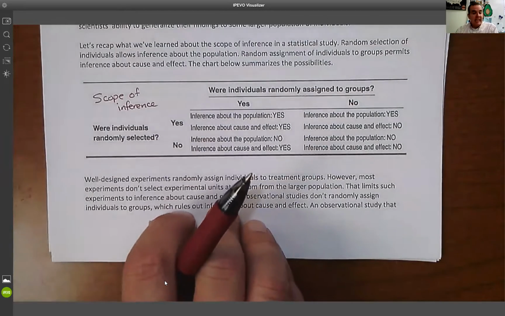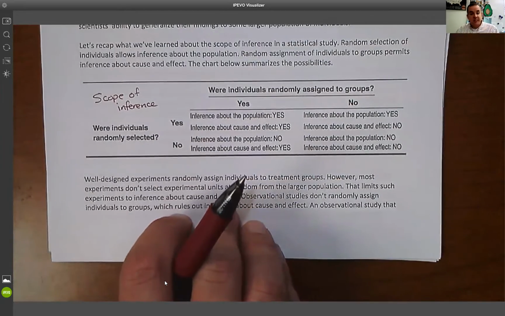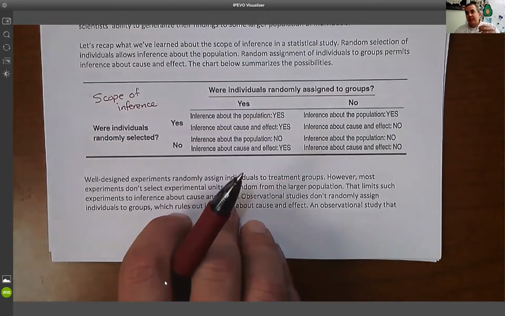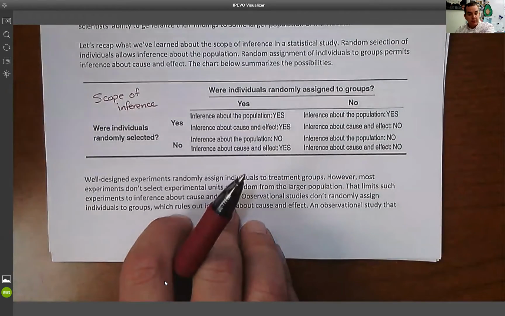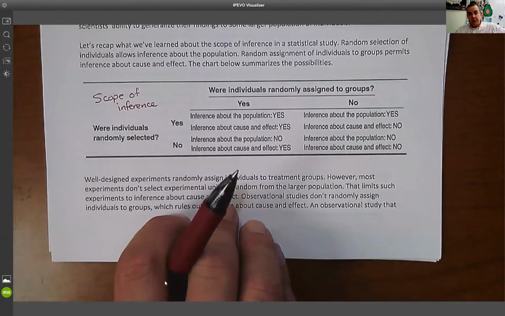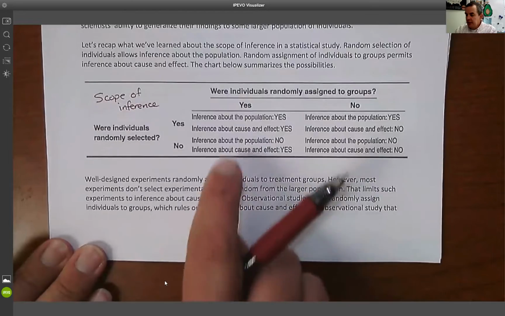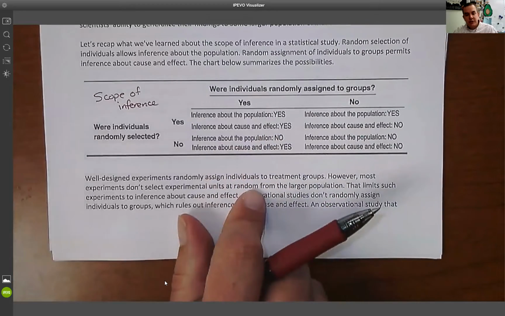So like, let's say I had men 18 to 34, and I randomly selected 50 men 18 to 34. If I made an inference on population, I would say that because it happened similar for these men 18 to 34, I would expect similar results in other men 18 to 34. That's an observational study. That's usually what we do in an observational study. Inference on cause and effect, that's our experiment.